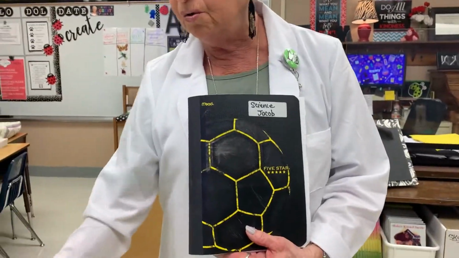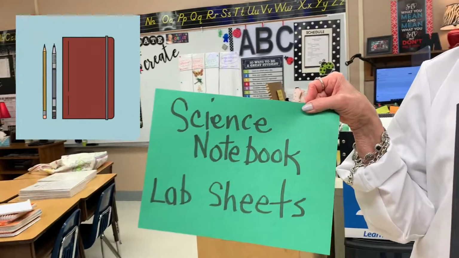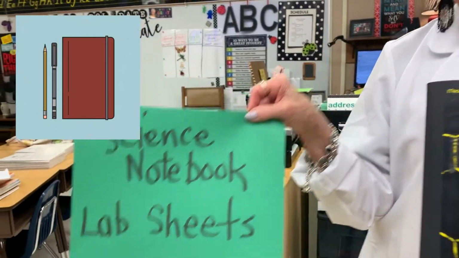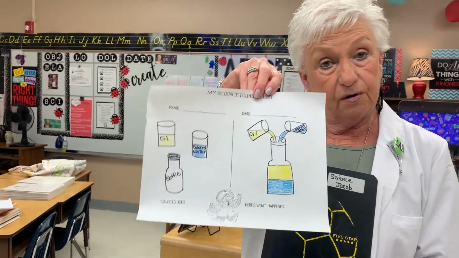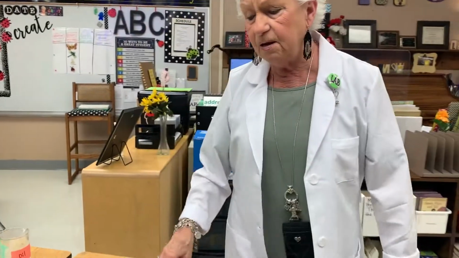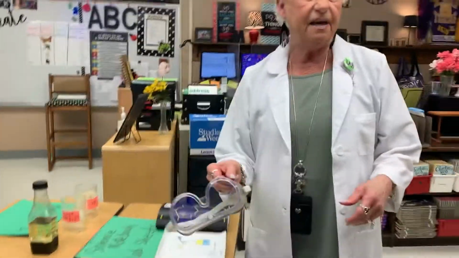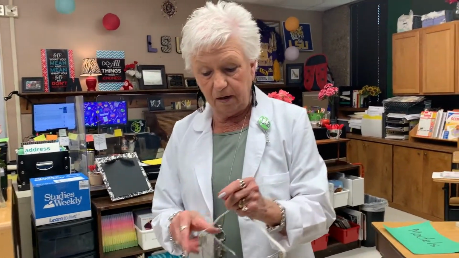Then, of course, you already know about your science notebook. This is a tool scientists use. They use lab sheets to record their information. Okay, and then this is kind of a safety tool. My lab coat is kind of a safety tool so I don't spill things on my clothes.